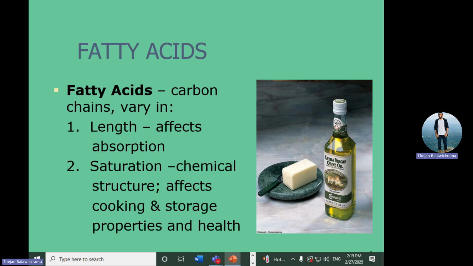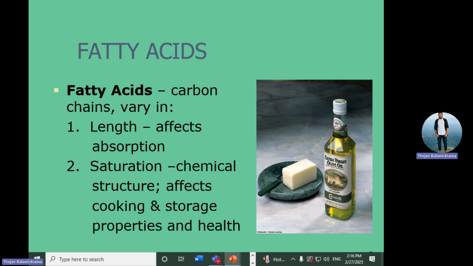The two sides are constant, no? One side is the carboxylic group and the other side is CH3. That never changes. The middle part changes. So the length of the middle part changes. It could be 1 or 2 carbon atoms, 10, 15 carbon atoms, a lot of carbon atoms.